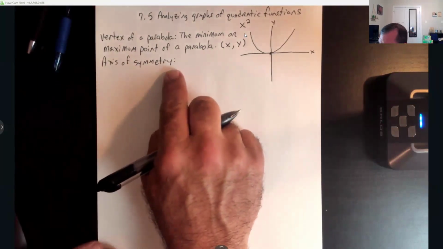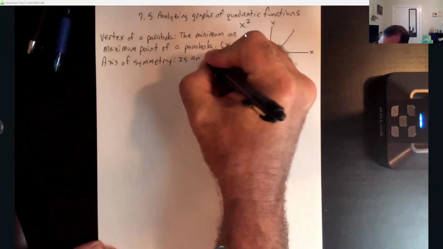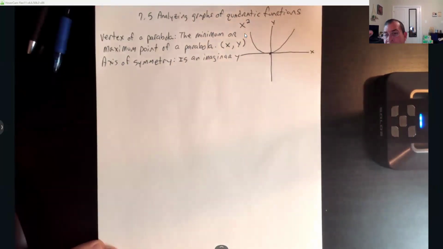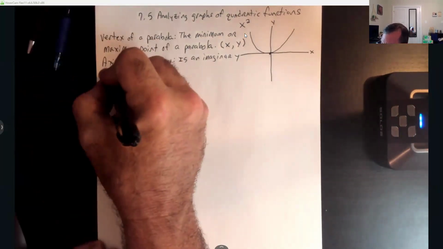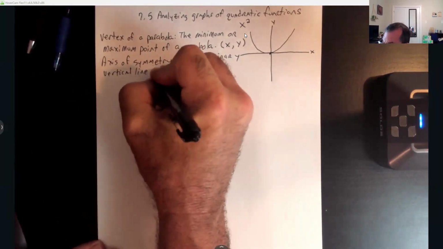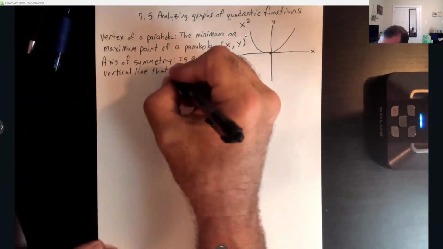So the axis of symmetry is an imaginary vertical line that sort of cuts that parabola in half.